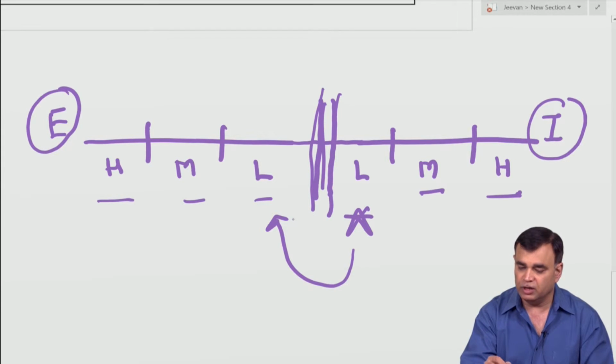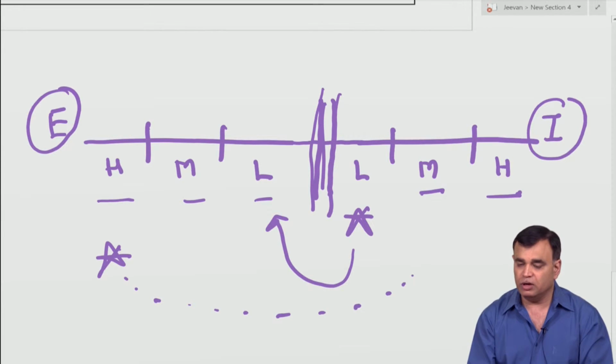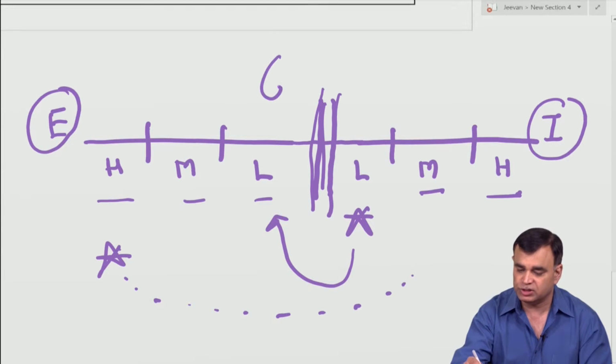And if somebody is a very high extrovert, which means the person is here, then very rarely the person will show introversion characteristics. And so extroversion, introversion really gives possibilities which are 6. And the 6 possibilities are high, medium, low, and then low, medium, and high.